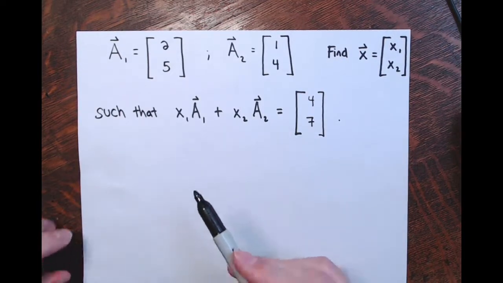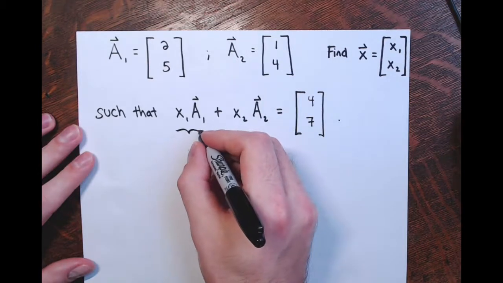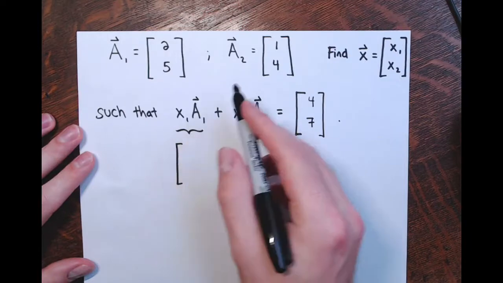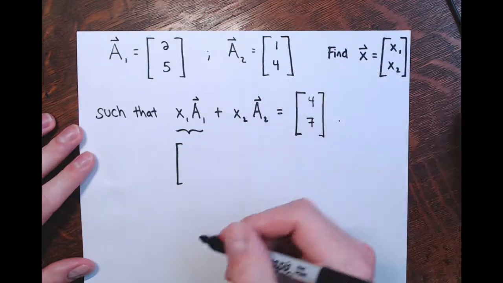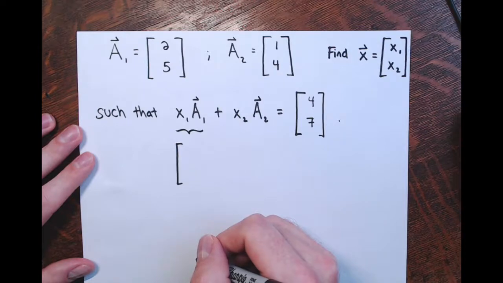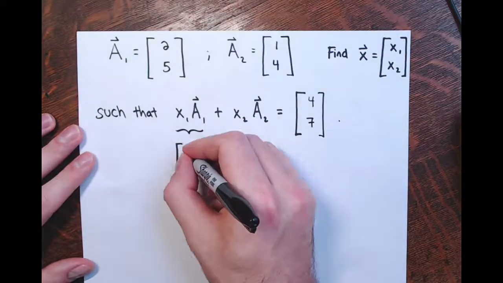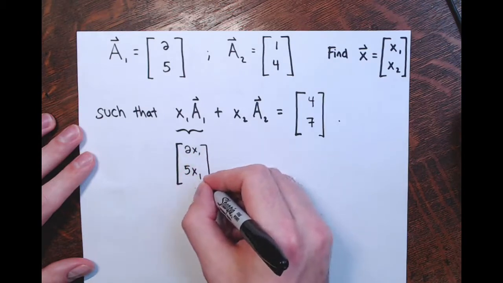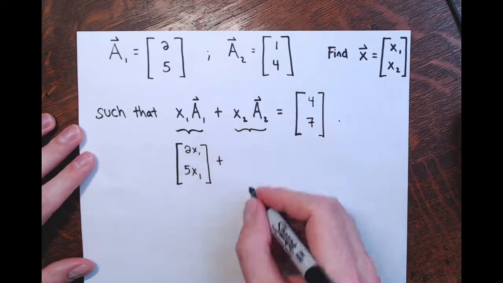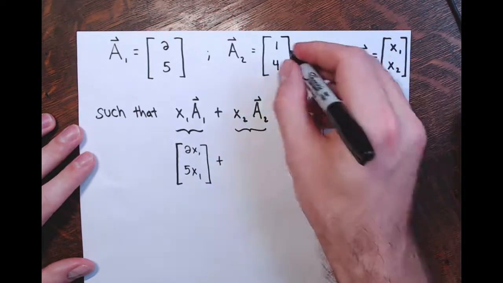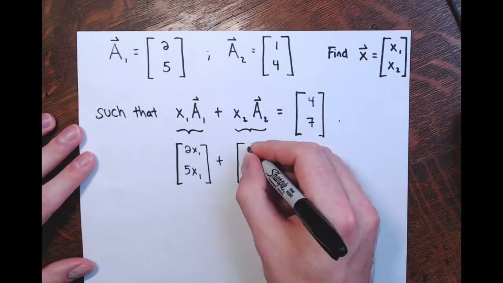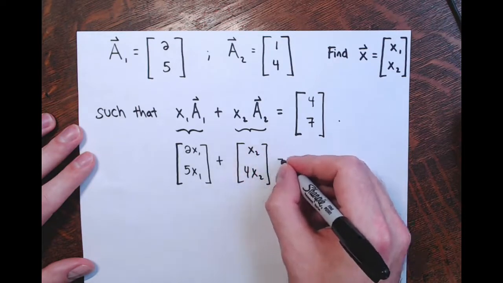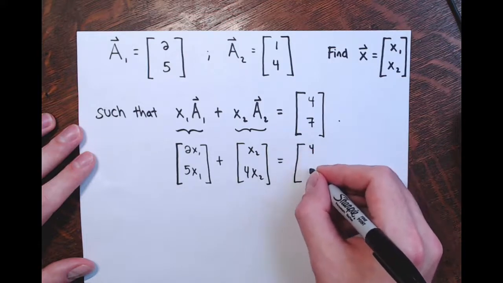If I substitute this stuff, you're going to get a system here. x1 is a number, x2 is a number, these are scalars, weights. If I multiply a1 by x1, that'll be 2x1 and then 5x1, plus, if I do the same to a2, x2 times 1, 4, I'll have x2 and then 4x2. And I want this to be equal to the vector 4, 7.